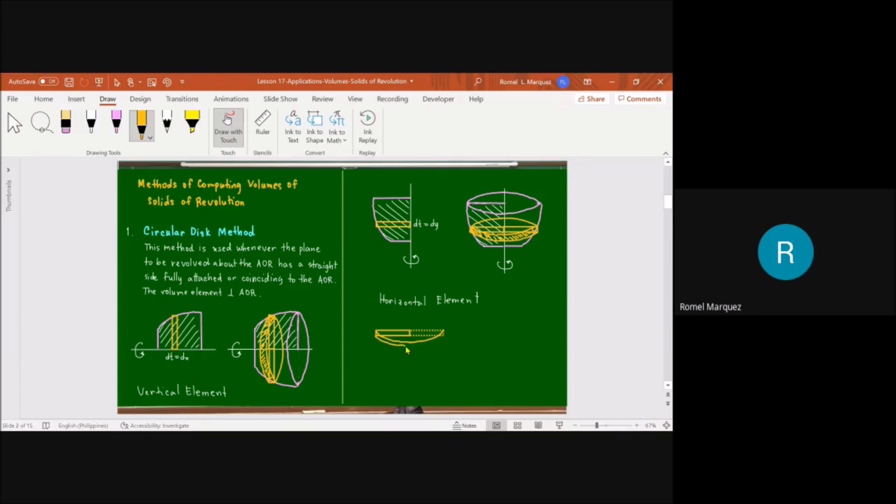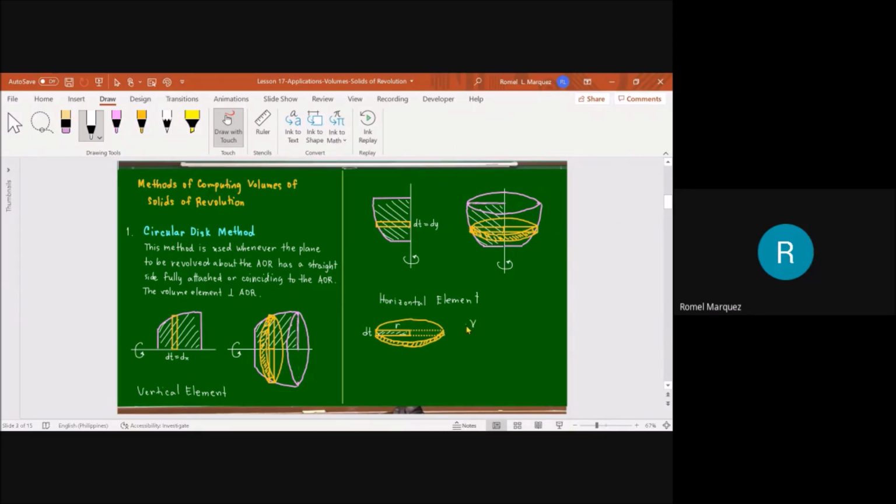So this is the disk. This is the one that is used to approximate the volume. So instead of covering the area by a rectangle, for the solid, we cover this by what? By this disk. Okay? So this has dimensions. What are the dimensions? Radius, and then the thickness is dt. If it is horizontal, dy. If it is vertical, the dt is dx.